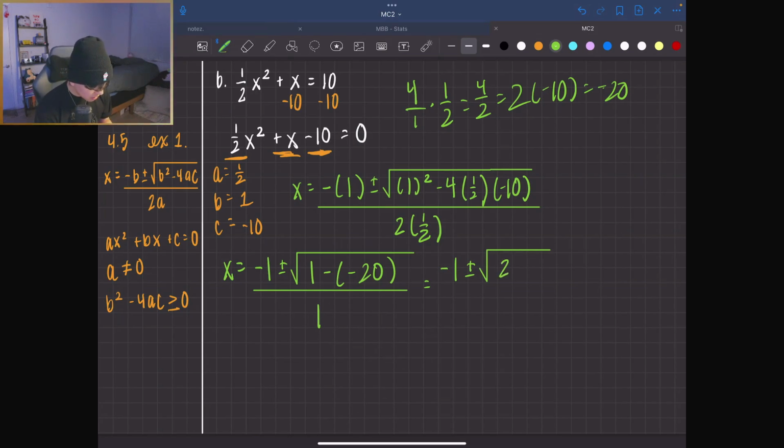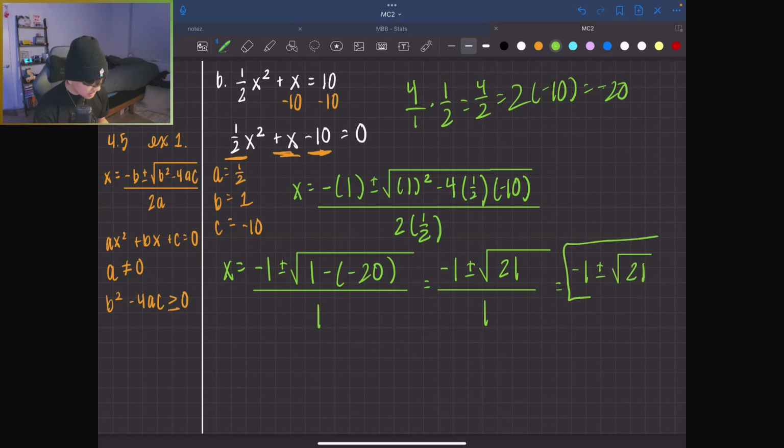So 21, square root of 21. It is not a perfect square, so we'll just leave it as radical 21 all over 1. The cool thing here is anything over 1 is just itself, so we can simplify this again to -1 plus or minus the square root of 21.